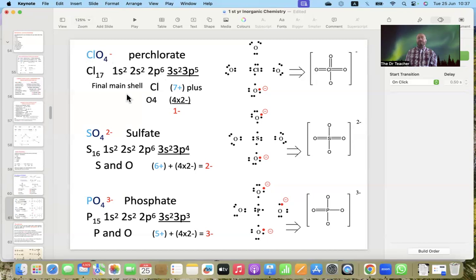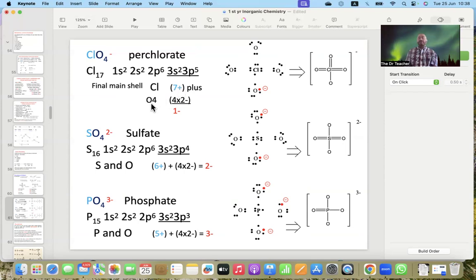All the halogens end with 7 electrons, 2 in s, 5 in p. Bear in mind, all halogens end with 7 electrons in the outer shell. So the main final shell has 7 electrons. We say, okay, 7 electrons.